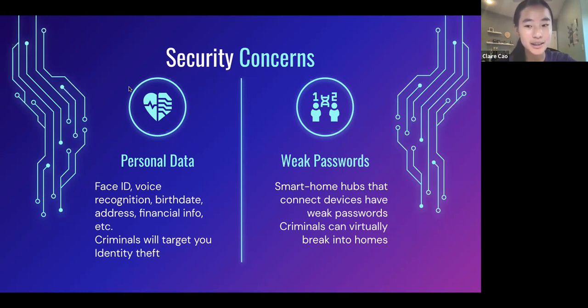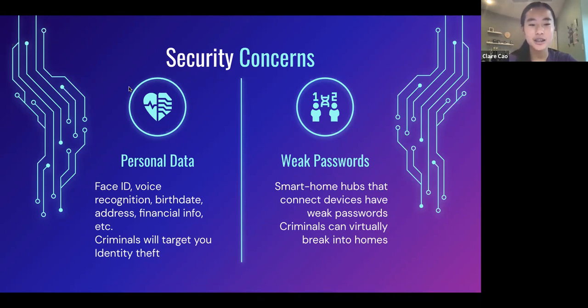This makes it super easy for them to steal your identity. Pretty much once someone hacks an Alexa, they know what your voice sounds like. Depending on how much information you put in the Amazon app, they might know your birthday and your address, because your Alexa is at home and they have location services. So they know your address even if you didn't tell them, which is definitely a concern.